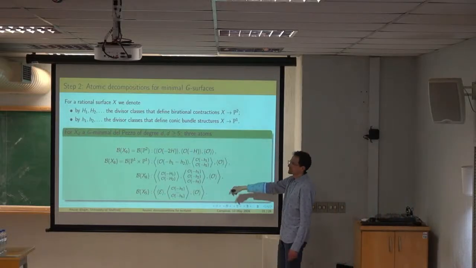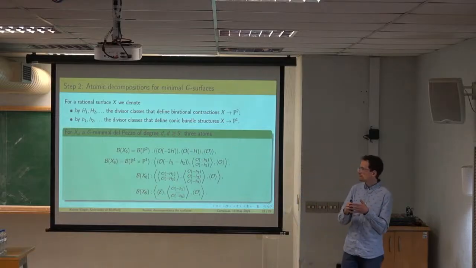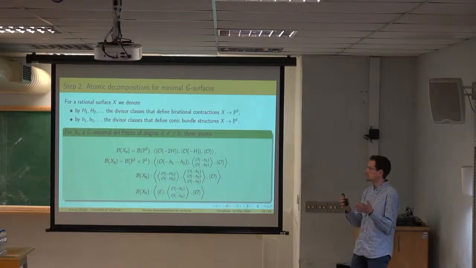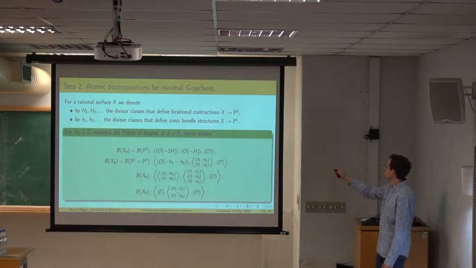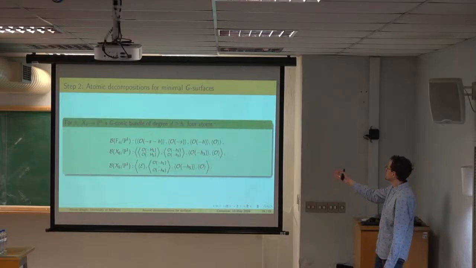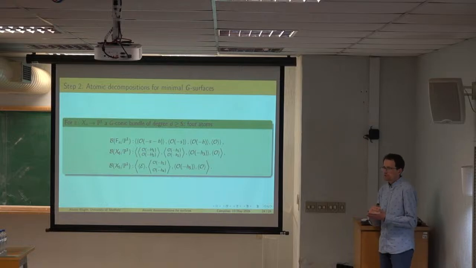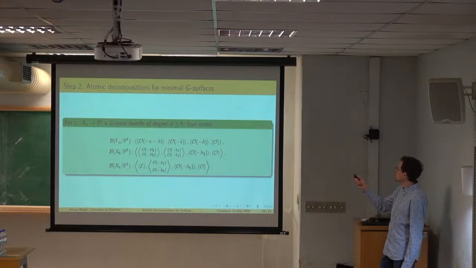One of these H small classes defines the structure map of a Mori fibre space, so it is preserved by the group action, and I split it as a separate atom. For example, I can denote it by H3 or H5 respectively, and move it aside. If the group action preserves the Mori fibre space structure, then this extra line bundle is invariant, and I get 4 atoms.